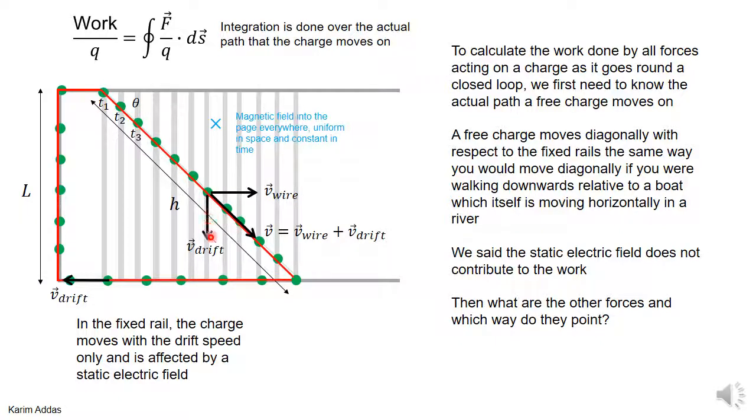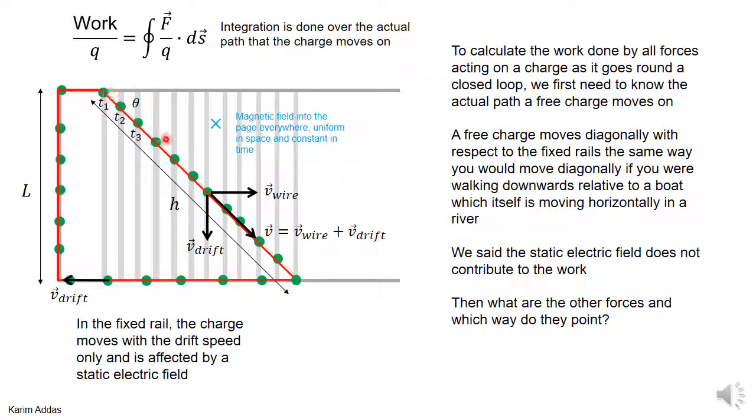Let's say you're walking on the boat downwards. So the boat itself is moving with a certain velocity relative to the fixed earth, but you're moving relative to the boat downwards. So if someone is sitting on the outside fixed to the earth, he will see you actually moving in a diagonal path.